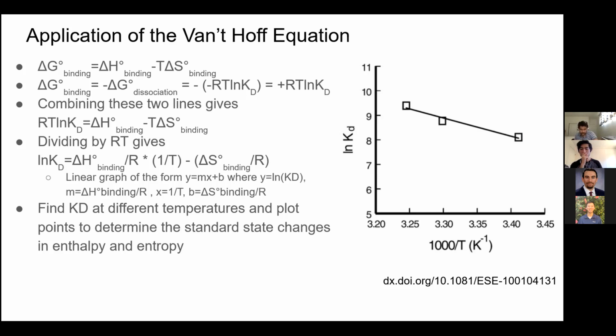You can determine this by doing the previously mentioned experiments, like with estrogen, at different temperatures and finding the KD values. If you plot it this way, you can tell what your delta H is based on the slope, and you can find your delta S based on the intercept.